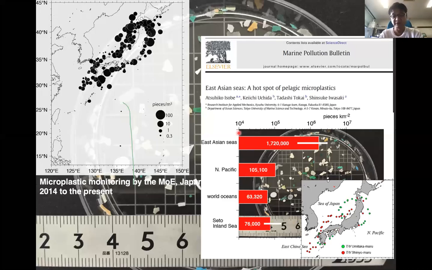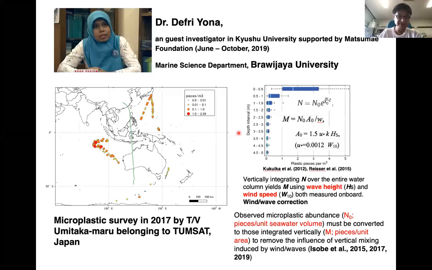She is my colleague from Indonesia, and we measured the abundance of the microplastic in the eastern part of the Indian Ocean. Surprisingly, the abundance of the microplastics, counted as pieces per cubic meter, is a raw data obtained directly by net towing.